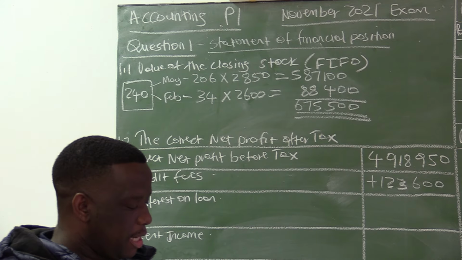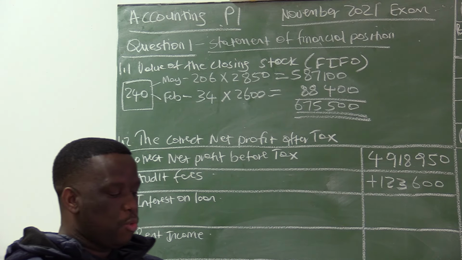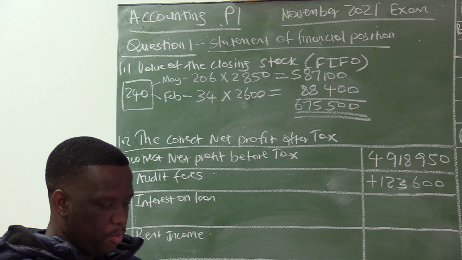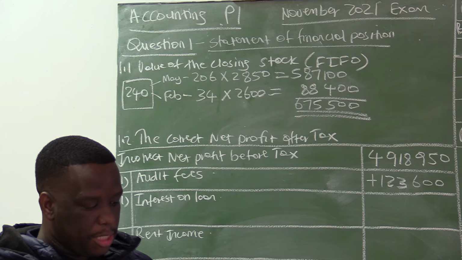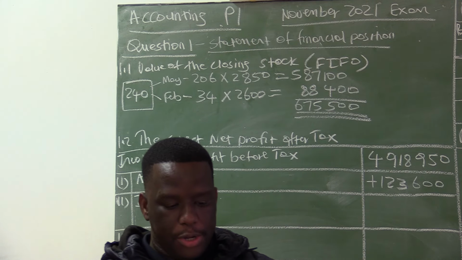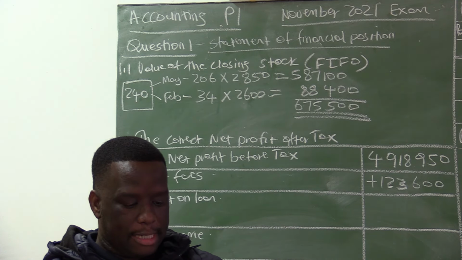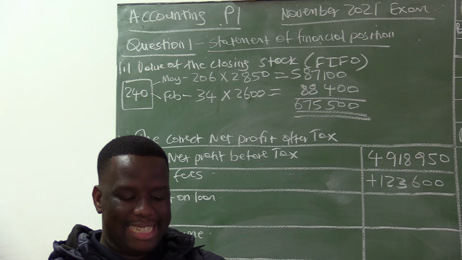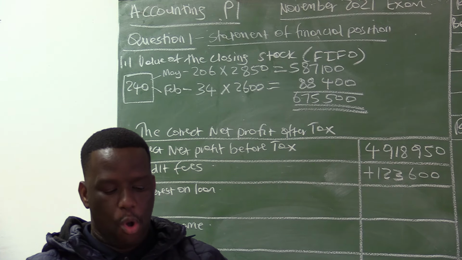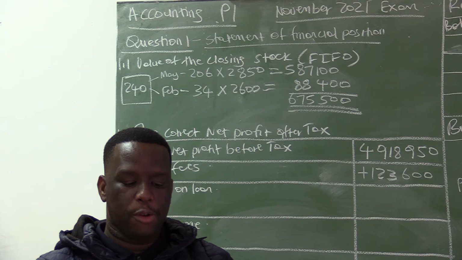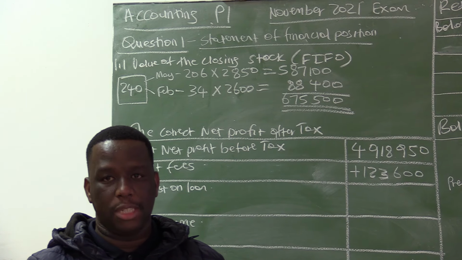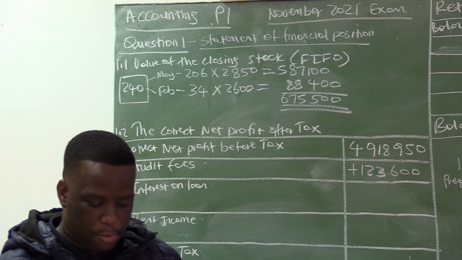But if you go to page 4, you will notice that the mortgage loan given there on the 30th of June 2021, of 3,755,000, has already accounted for interest on loan.